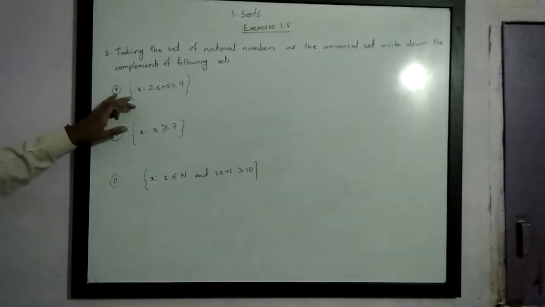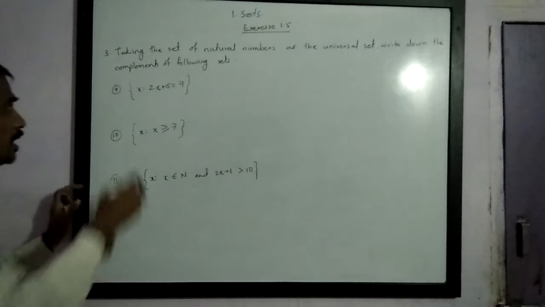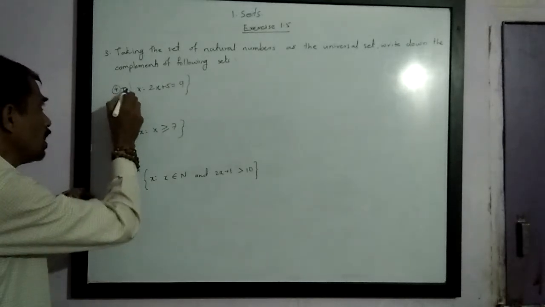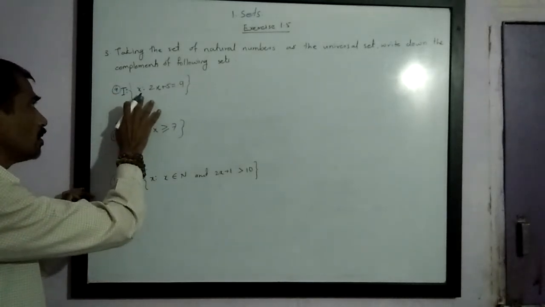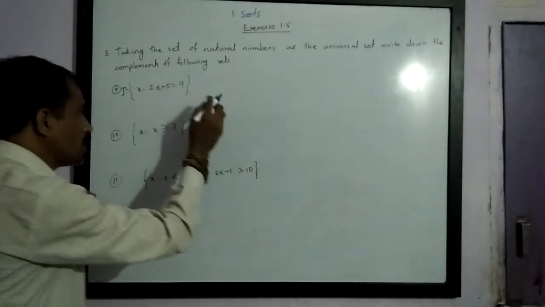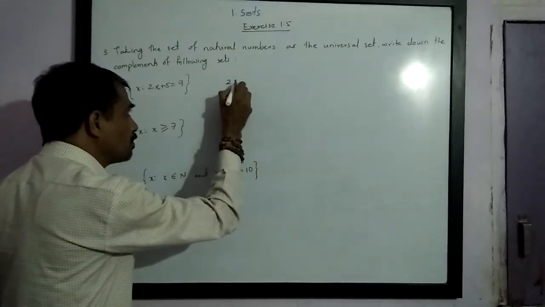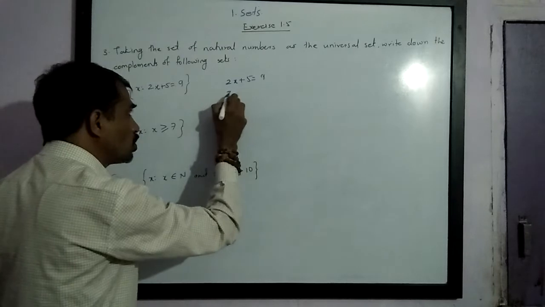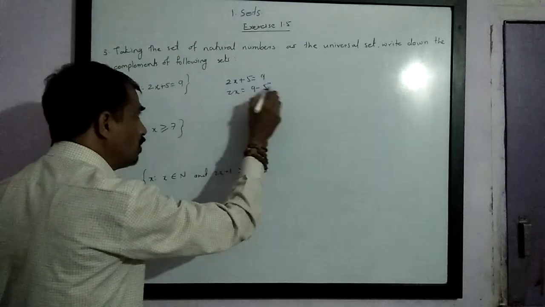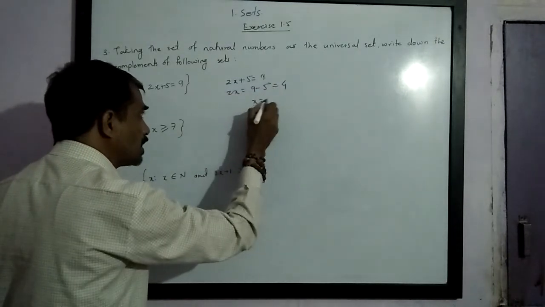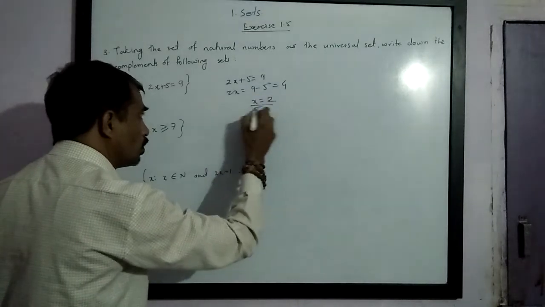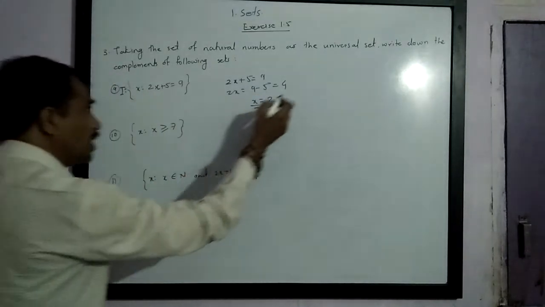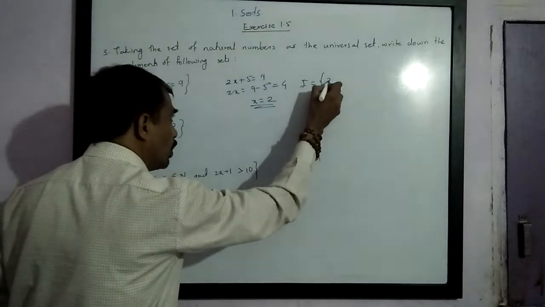The ninth sub-question is the set of x. Let this be set I. I is equal to the set of x such that 2x plus 5 is equal to 9. It means 2x is equal to 9 minus 5, that is equal to 4. It means x is equal to 4 upon 2, that is equal to 2. Therefore I is a set of 2 only.